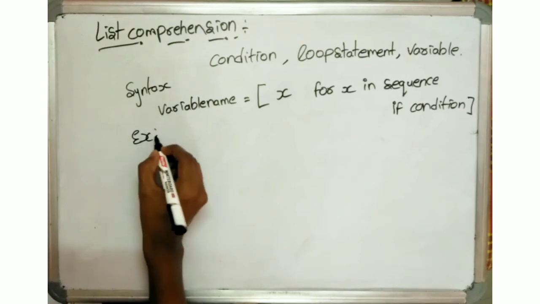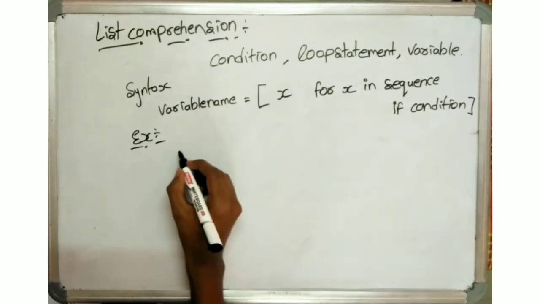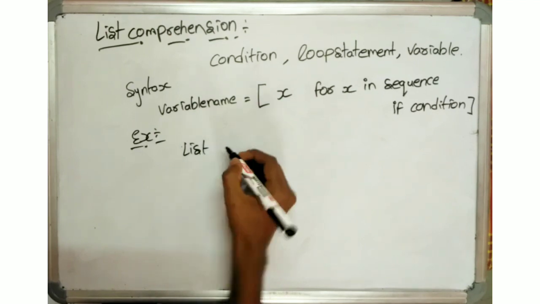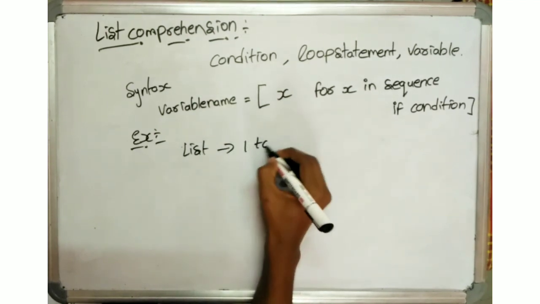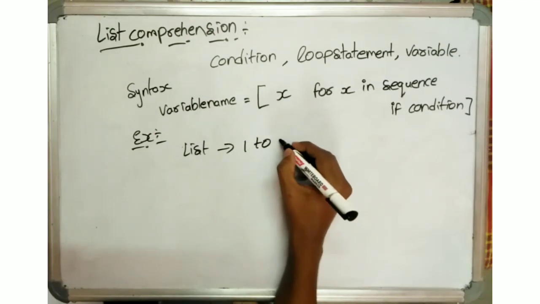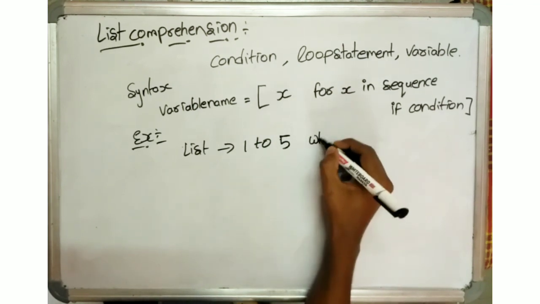Let me understand with an example. We need to create a list which consists of numbers from 1 to 5 which are divisible by 2.